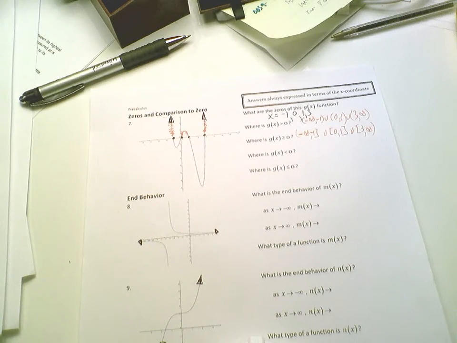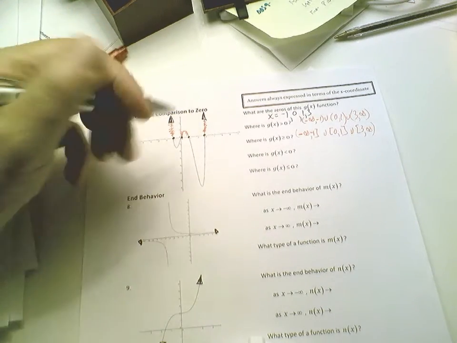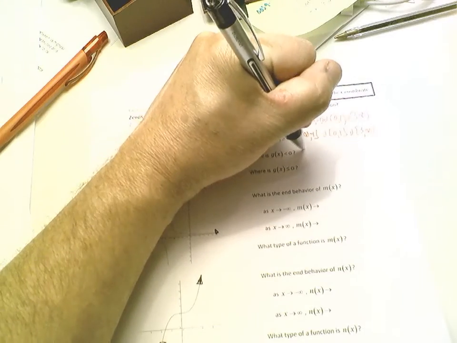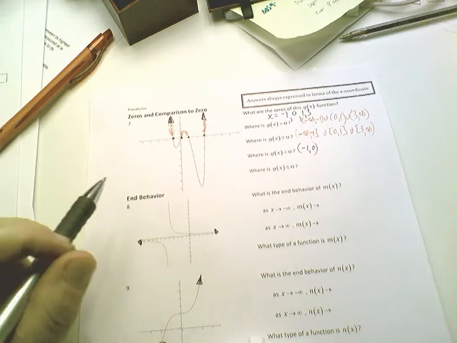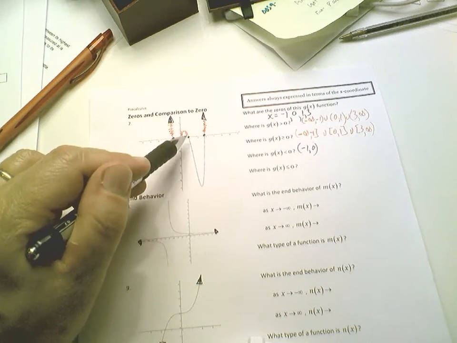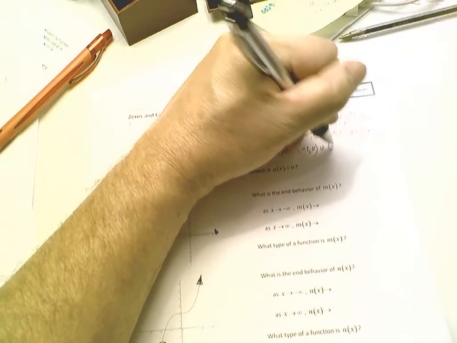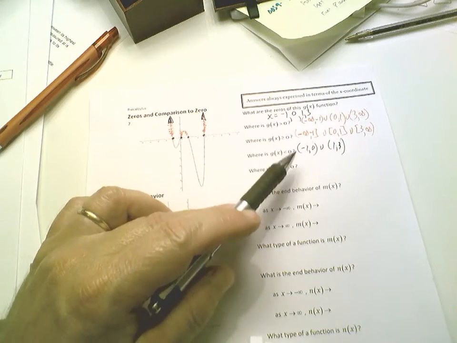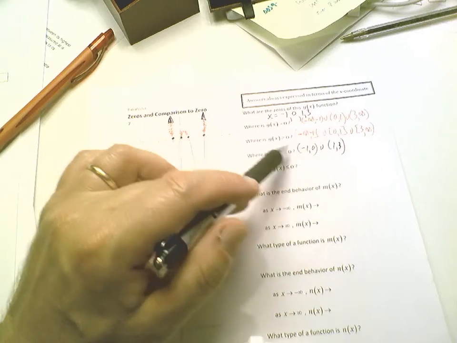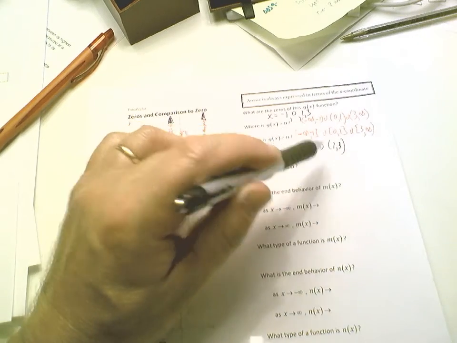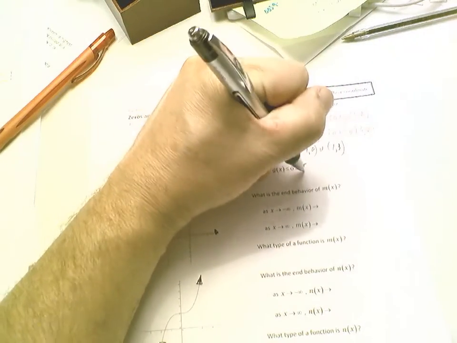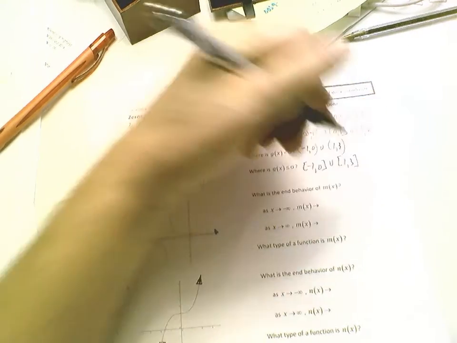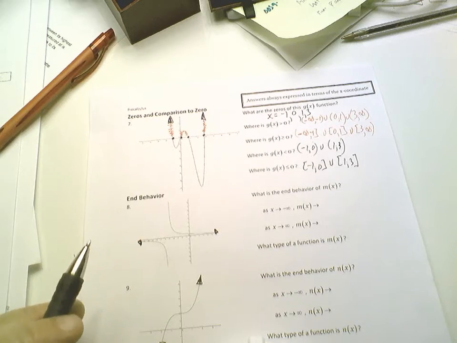And for less than 0, I'm just looking at all the other areas, which is what? Between -1 and 0. And notice how I've gone back to parentheses. And between what? 1 and 3. And to answer this question, less than or equal to 0, all I got to do is take all these pieces, no infinities are involved, all 4 of these things just turn into brackets. -1, 0, union, bracket 1, comma, 3, close bracket, and I am good to go.